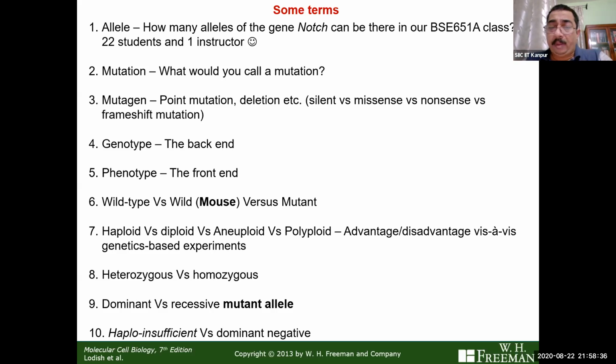And then homozygous and heterozygous. Homozygous is that for each gene, in both members of the same pair, the sequence is identical. Those are homozygous. Let's think of the hexokinase again. If the hexokinase gene sequence is identical in both the chromosomes, then it is homozygous for hexokinase.